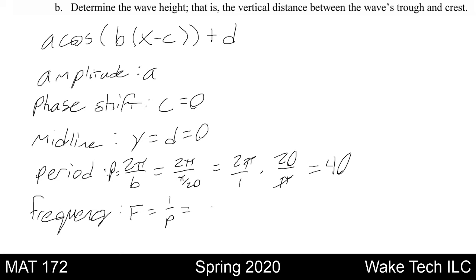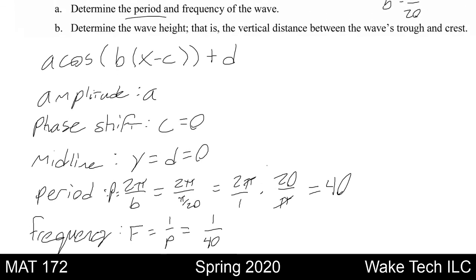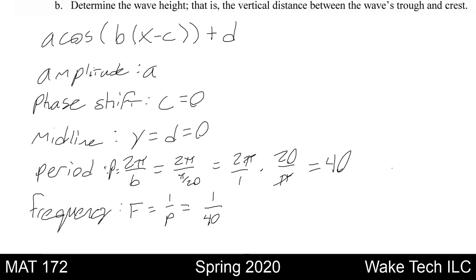Here, since p is 40, this is 1 over 40. As for units, since t is measured in seconds, period is in seconds, and frequency is 1/40th of a wave per second.